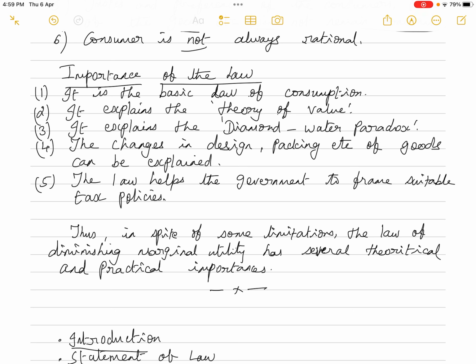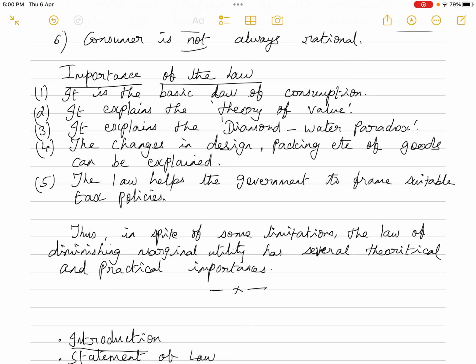Okay, so now what is the connection between the law of diminishing marginal utility and the diamond-water paradox? The thing is, diamond has high marginal utility. Because of the scarcity, an additional unit of diamond discovered is priceless, isn't it? Since diamond has high marginal utility, the price of diamond is also high.